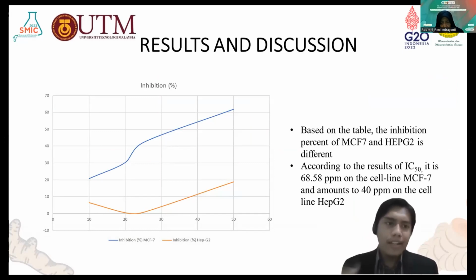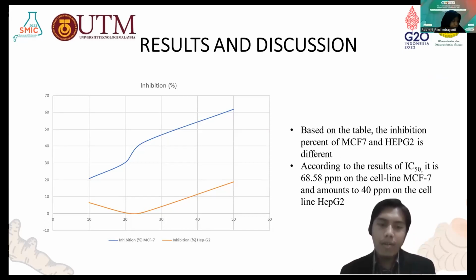So it's highly different. And also the result of IC50, or inhibitory concentration, is about 68.58 ppm on the cell line MCF7 and amounts to 40 ppm on the cell line HepG2.